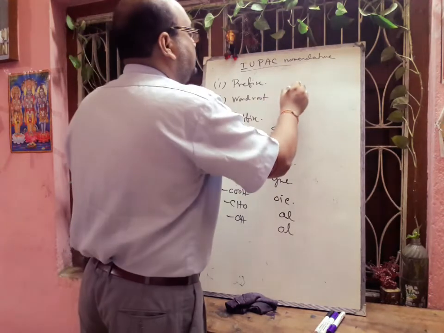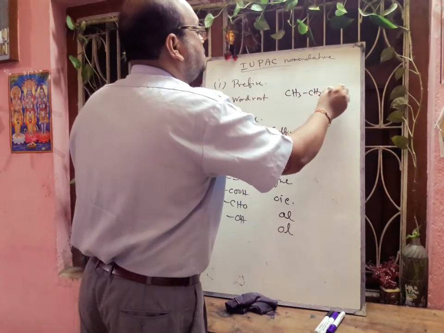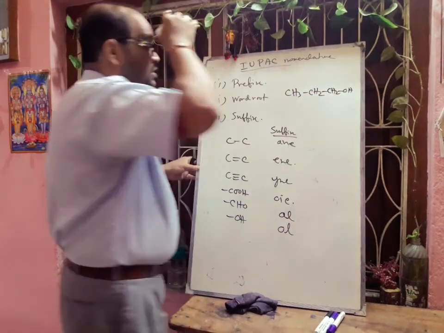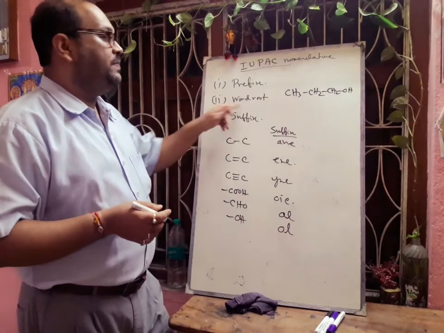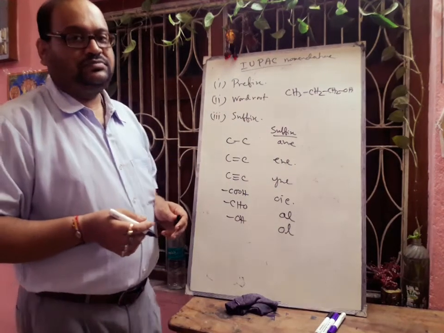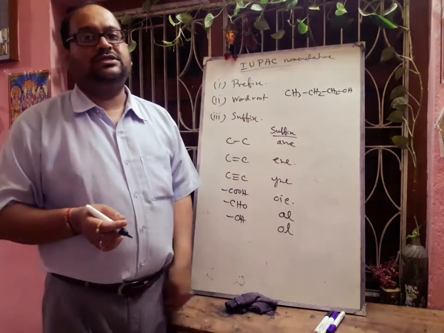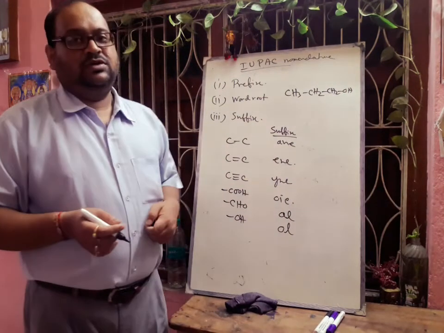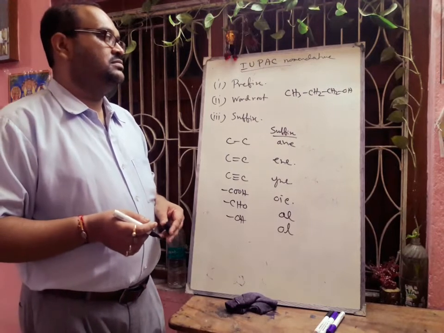Suppose I am writing this compound, CH3CH2CH2OH. In this case, the root is propane. Now what should we write? When OH is there, we know this is -ol.